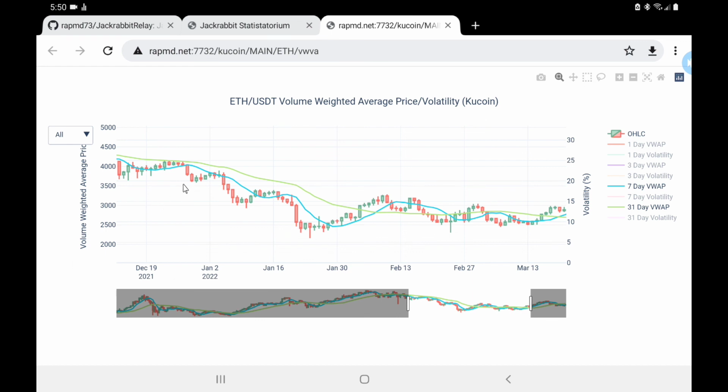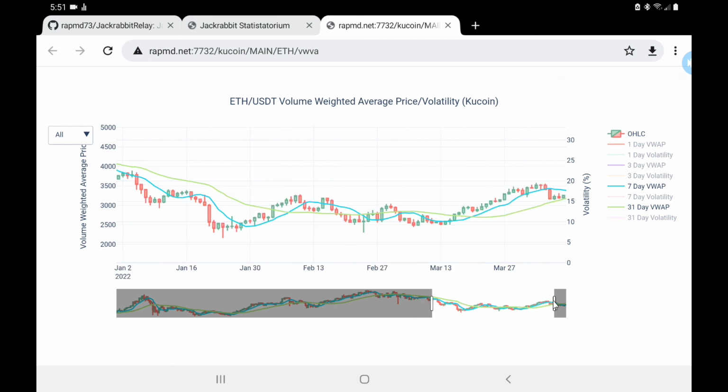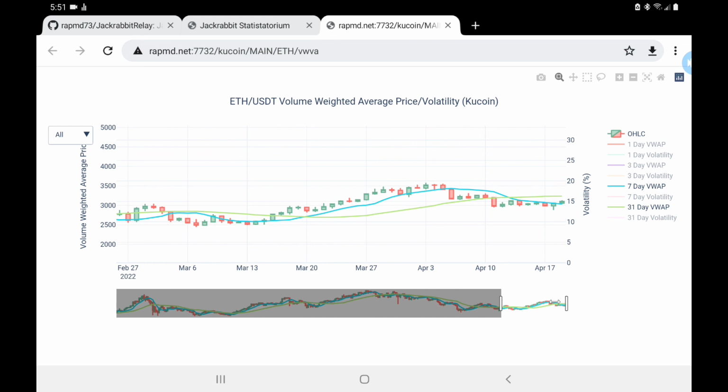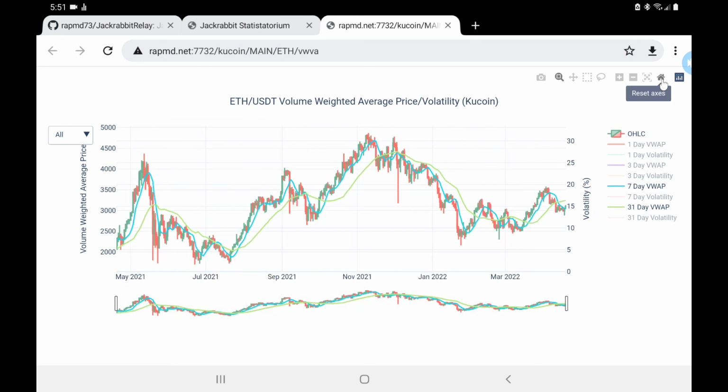Here would be good purchase points along the way for accumulation that would present some interesting selling points up here. So using the volume weighted average price and using the volatility as part of your planning process can help you avoid a lot of this unwanted traffic.